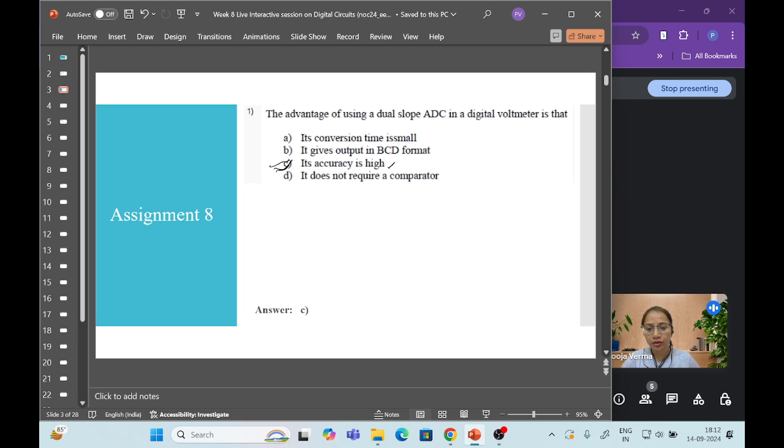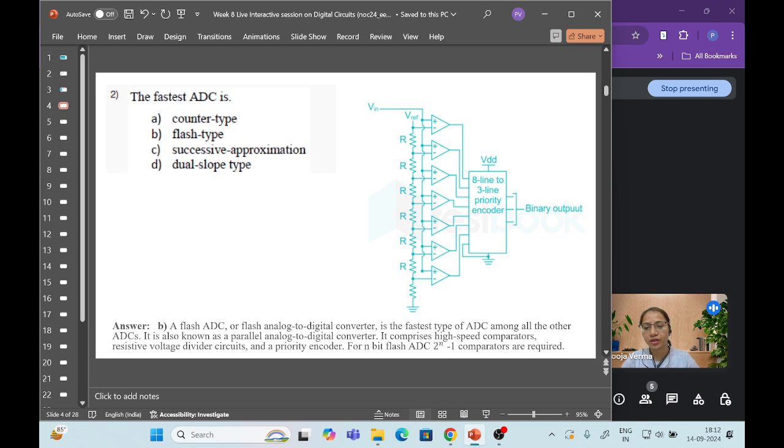Moving to the next question: which one is the fastest ADC? Option A is counter type, option B is flash type, option C is successive approximation, and option D is dual slope type.